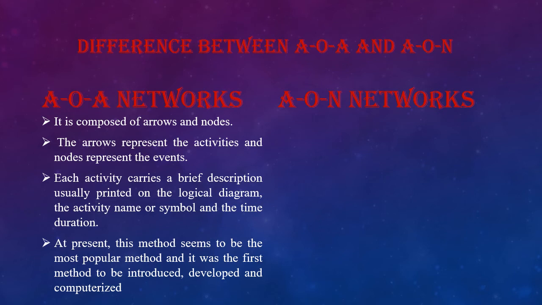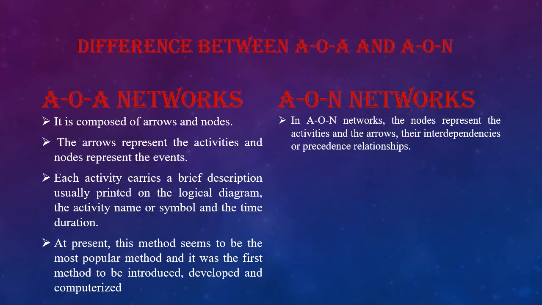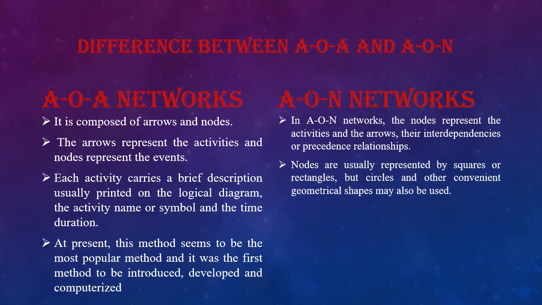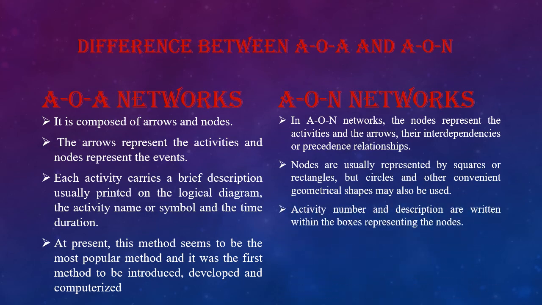Next is AON networks, activity on node networks. In AON networks, the nodes represent the activities and the arrows their interdependencies or precedence relationships. Nodes are usually represented by squares or rectangles, but circles and other convenient geometrical shapes may also be used.